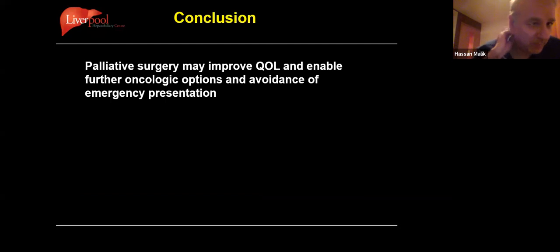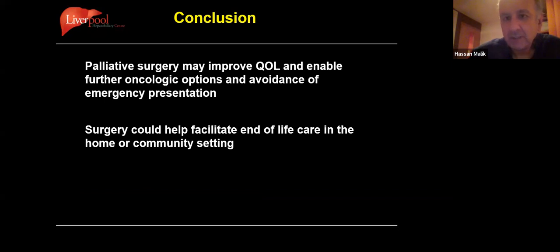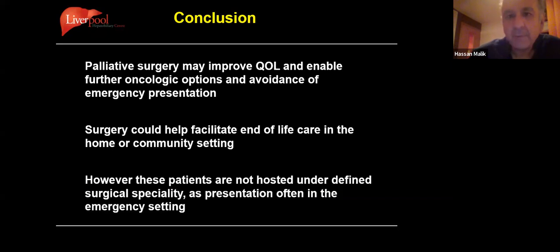So in conclusion, I think palliative surgery may improve quality of life and enables further oncological options and avoidance, crucially, of emergency presentation of cancer. Surgery can also facilitate end-of-life care in the home or community setting. However, these patients are not under a defined surgical specialty.